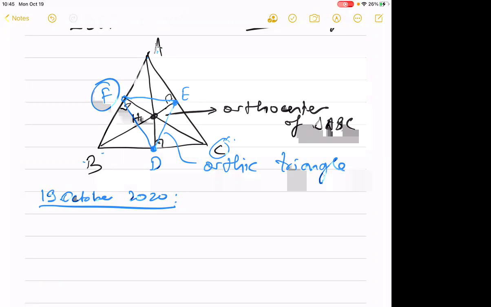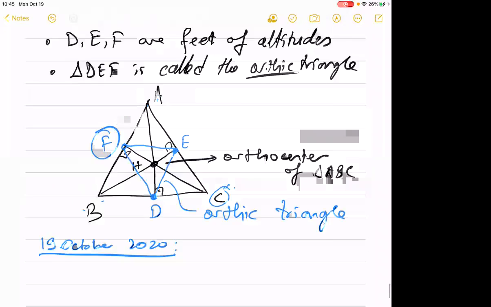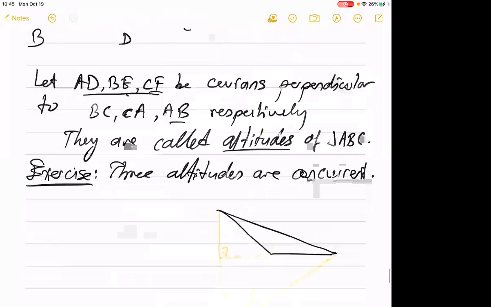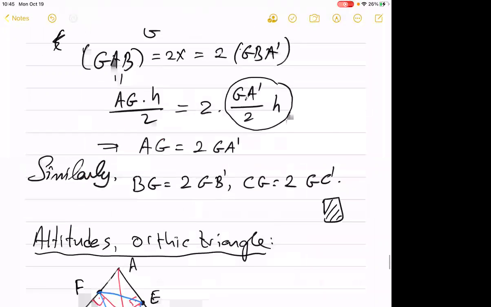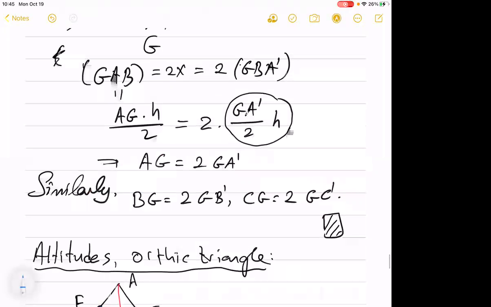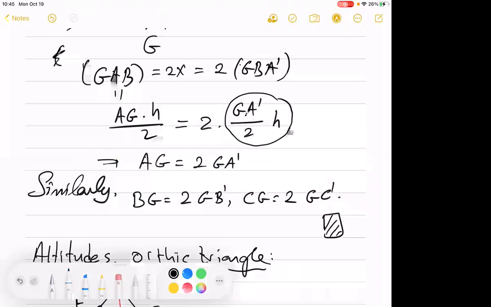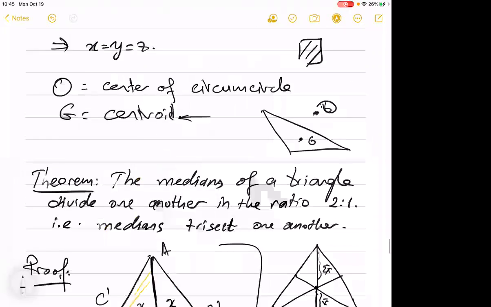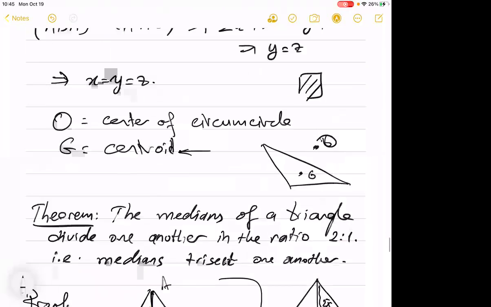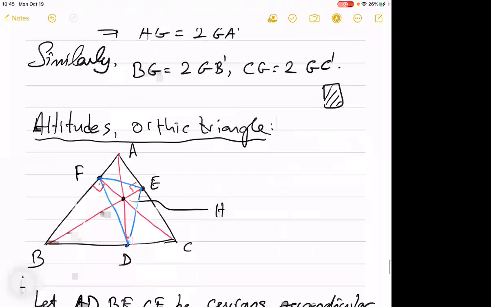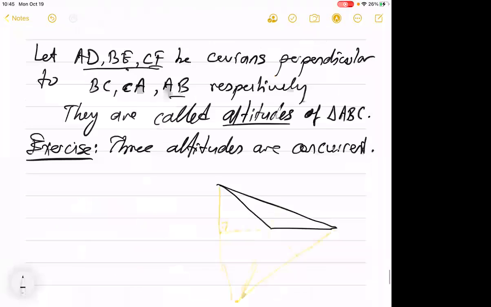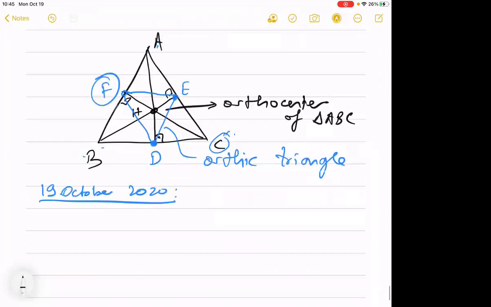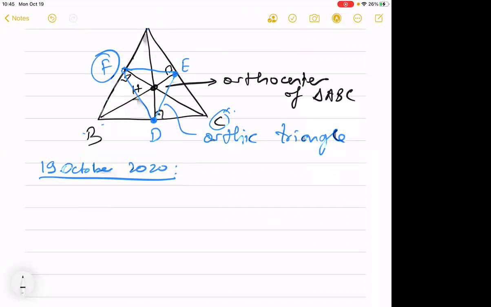Now, let's talk about angle bisectors also. Remember, given a triangle, we talked about altitudes, the orthic triangle, and now we will talk about angle bisectors.